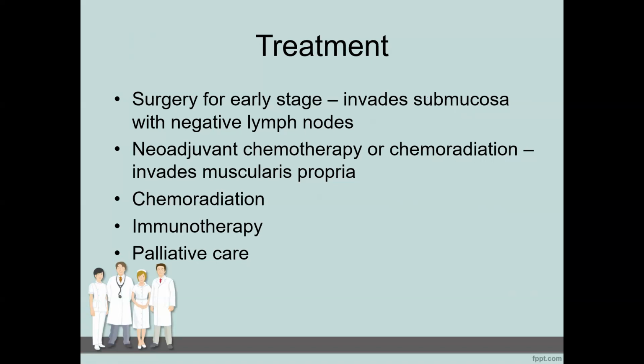If the tumor invades the muscularis propria with negative or positive lymph nodes, treatment would include neoadjuvant chemotherapy or chemoradiation, and therapy may include immunotherapy as well. If a patient is found to have stage 4 disease, palliation is normally recommended. Most often, a combination of treatment is offered to patients since it is difficult to cure stomach cancer, especially since it is often not found until it is at an advanced stage.